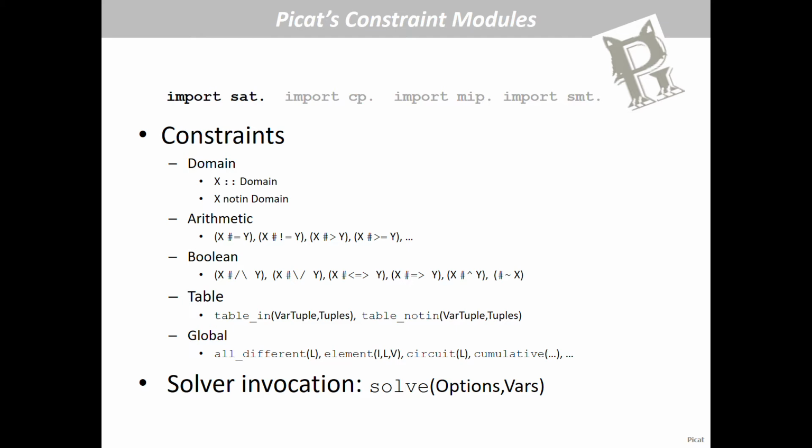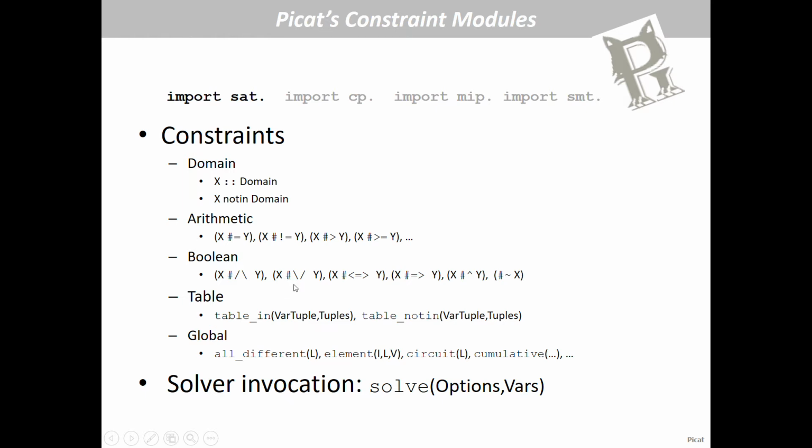Picat provides several solver modules for CSPs, including SAT, CP, MIP, and SMT. All these modules follow the same interface. The interface offers domain constraints, arithmetic constraints, Boolean constraints, table constraints, and global constraints.